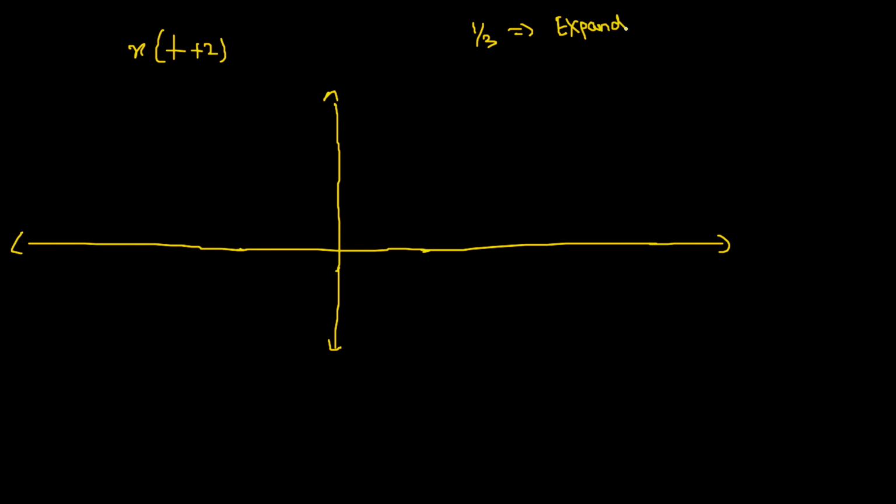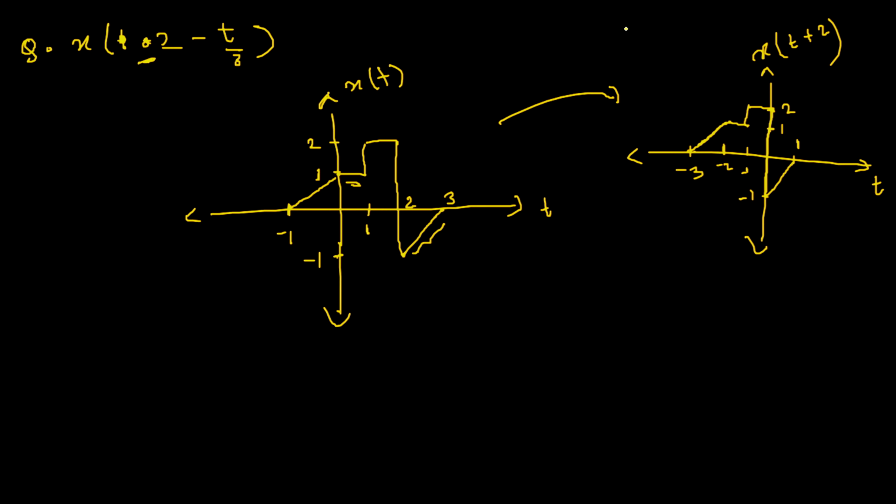So this was the graph of x of t plus 2. For x of t by 3 plus 2, whatever is the value at minus 1 goes to minus 3, minus 2 goes to minus 6, and minus 3 goes to minus 9. The amplitudes do not change, they still lie between 2 and minus 1, and whatever was at 1 goes to 3.